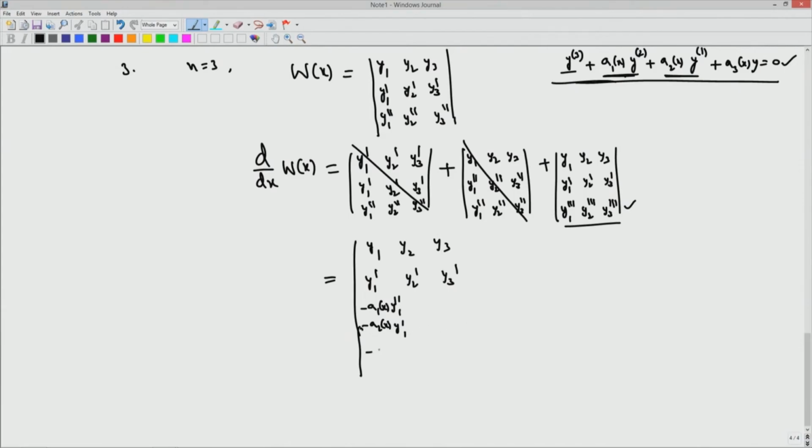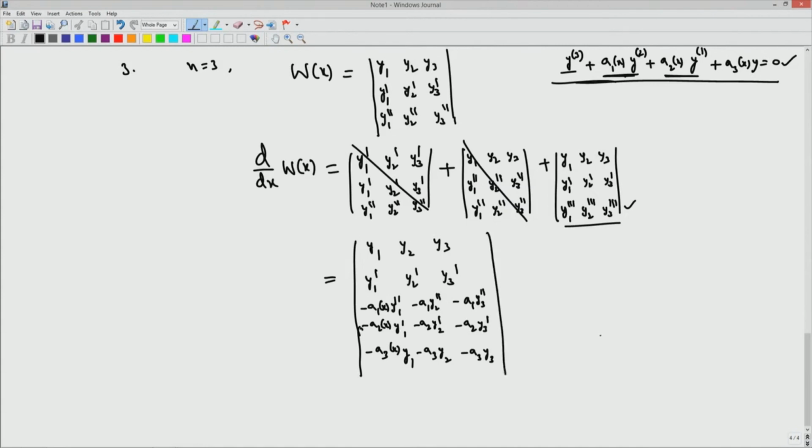So minus a3 of x into y1. And similarly, you replace minus a1 y2 double dash, minus a2 y1 double dash, minus a3 y2. Similarly, the last element is minus a1 y3 double dash, minus a2 y3 dash, minus a3 y3, just y3.